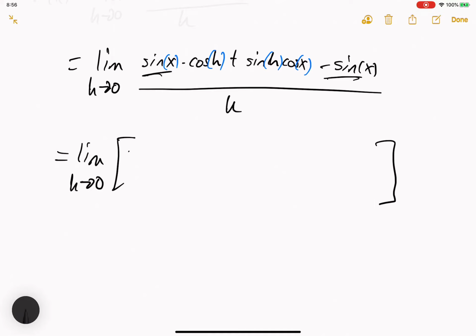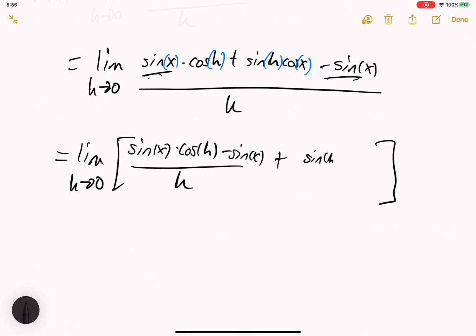So we're going to get sine of x times cosine of h, because this sine of x comes with that cosine of h, then minus that sine of x, and then divide by that h. And the last remaining piece that we have is the sine of h times the cosine of x, all divided by that h.